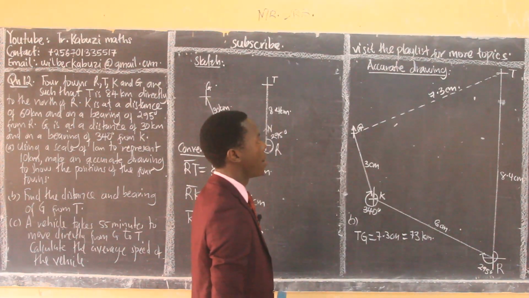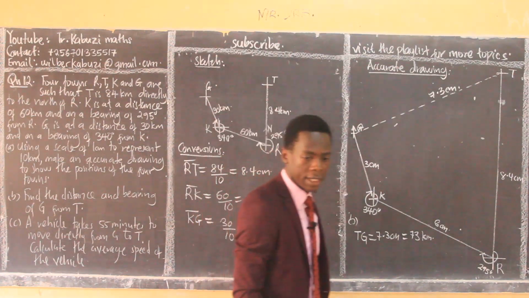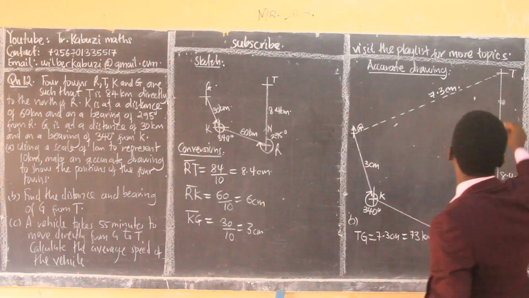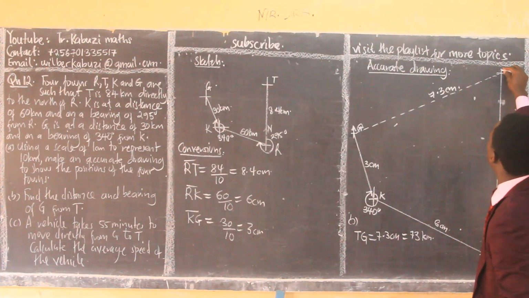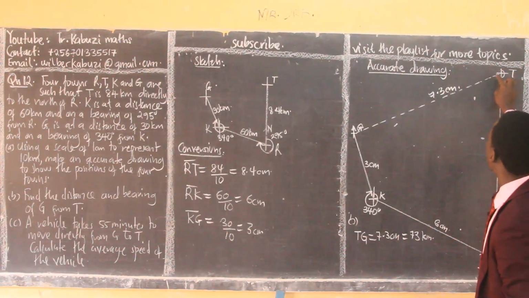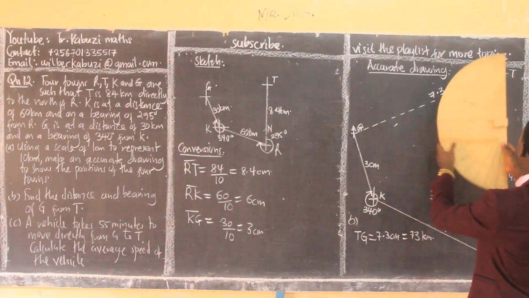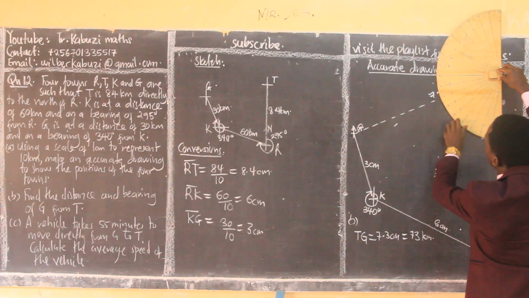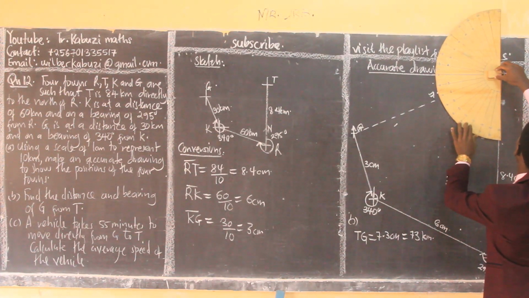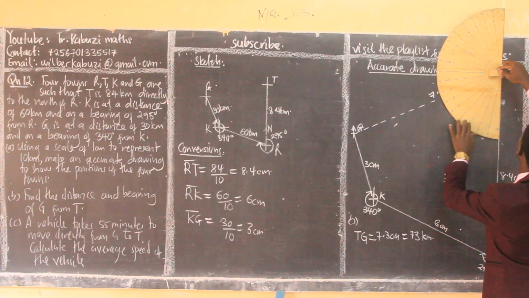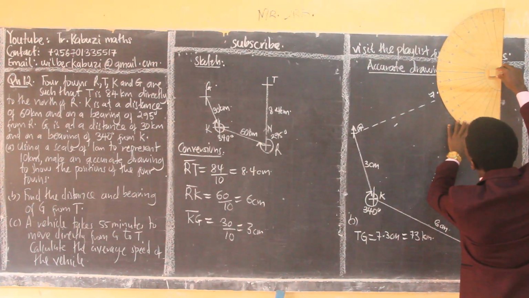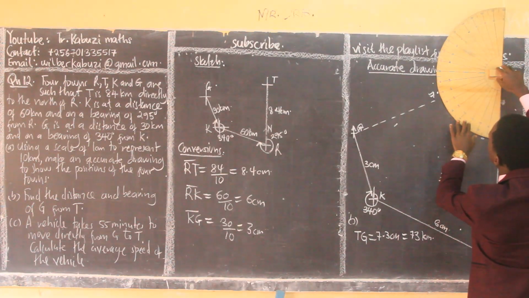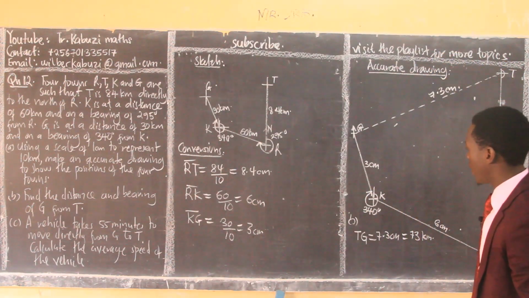Now I also want to measure the bearing. I get now my protractor to measure my bearing there. Now I want to measure off how many degrees are there, because I know from here up to here is already 180, and I want to know how many are there. Put my protractor, and I'll see what I have there. For me, I think I have 65. So 65 plus 180.